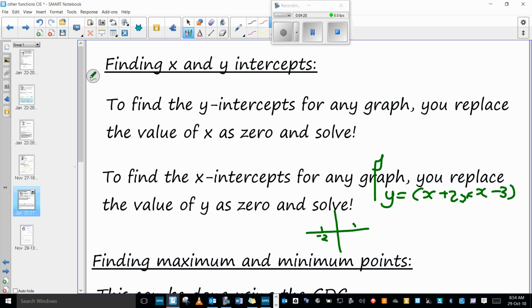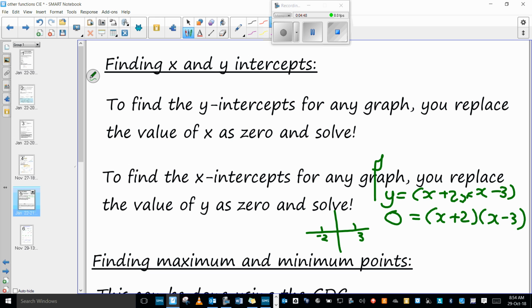Because we've replaced our y with a 0. In our heads we would have done that without really thinking about it, but that's what you're doing: replacing your y value with 0 and then finding where it crosses the x-axis.